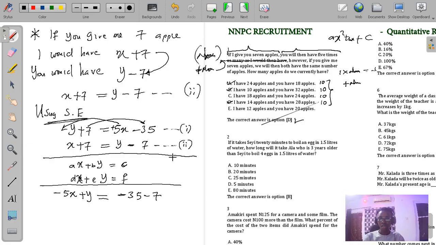Okay, good. So from here now, we have negative 5x plus y equals negative 35, negative 7. So for this second part, I'll take this y to the left hand side, and that is x minus y equals, now remember that we have negative 7 here. And if this plus 7 goes to the right hand side, it becomes negative 7.